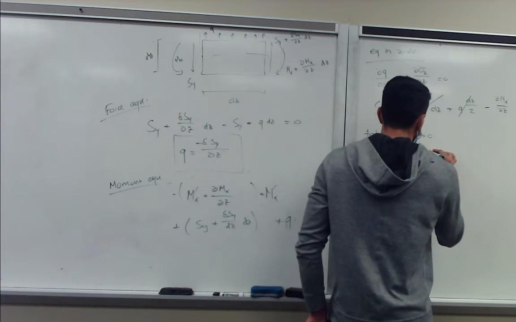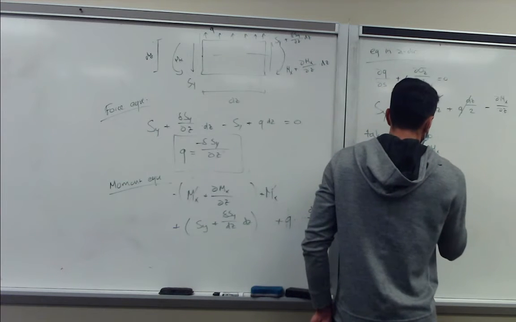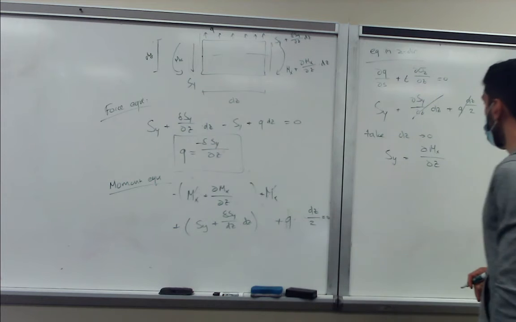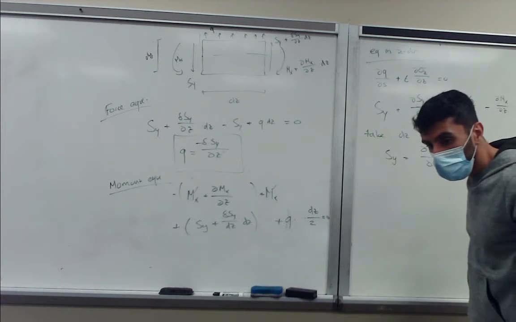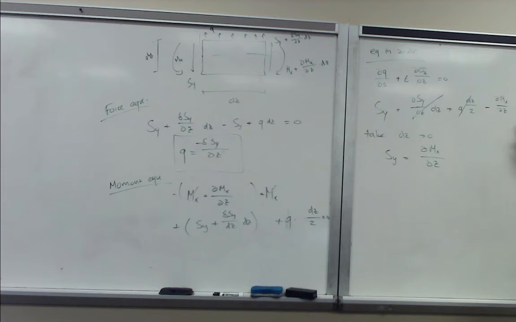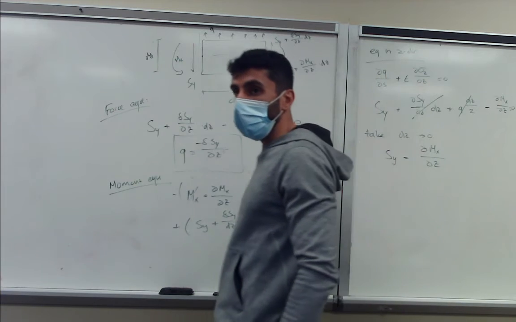equals the variation of the moments in x with respect to z. And just keep in mind, even though we have here over 2, if dz goes to 0, it just goes to 0 as well. While we have here dz. So if dz is approaching 0, should the differential change in the moment also approach 0? The moment can be a function of the z coordinate.